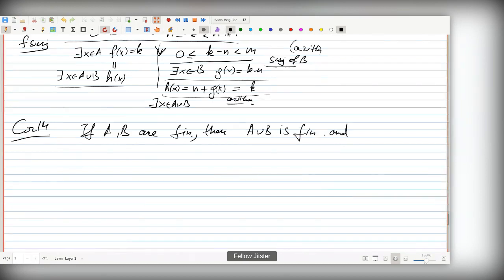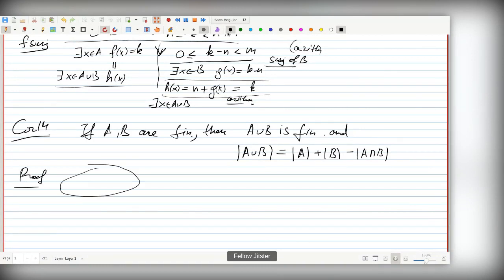And moreover, the cardinality of this union equals the cardinality of A plus the cardinality of B minus the cardinality of the intersection. How can one prove it? The main idea here is to reduce this statement to the previous one, that is, consider disjoint sets.